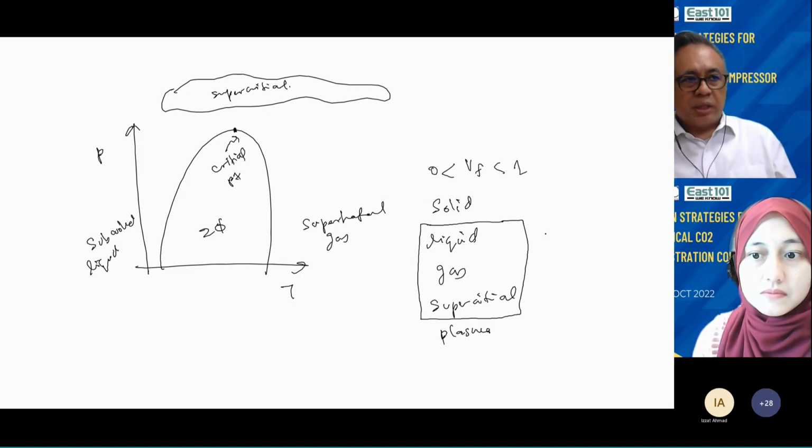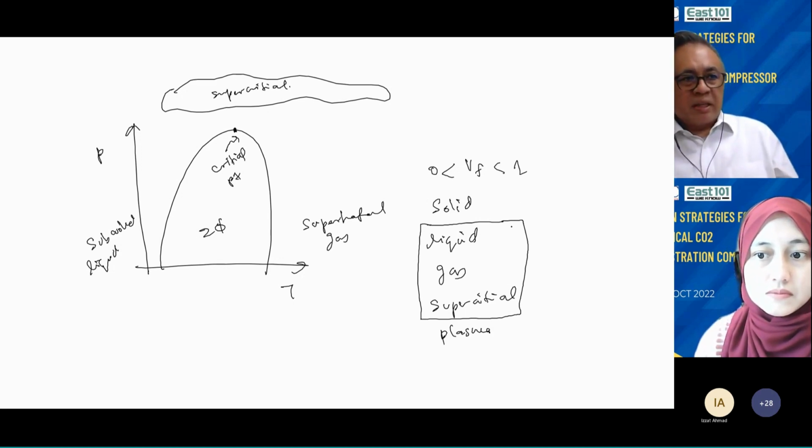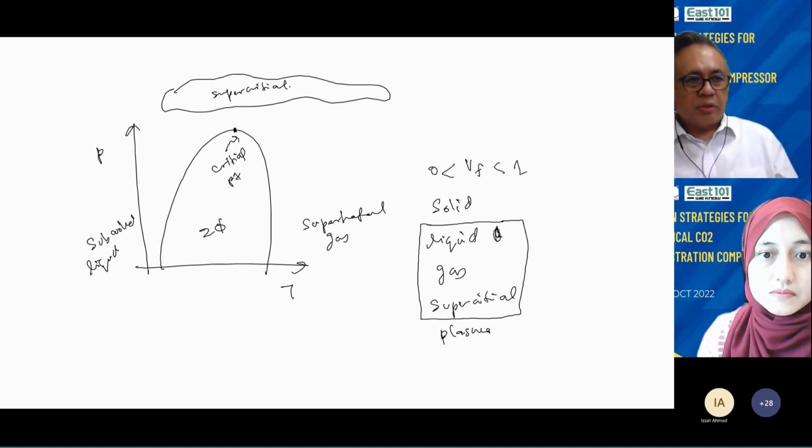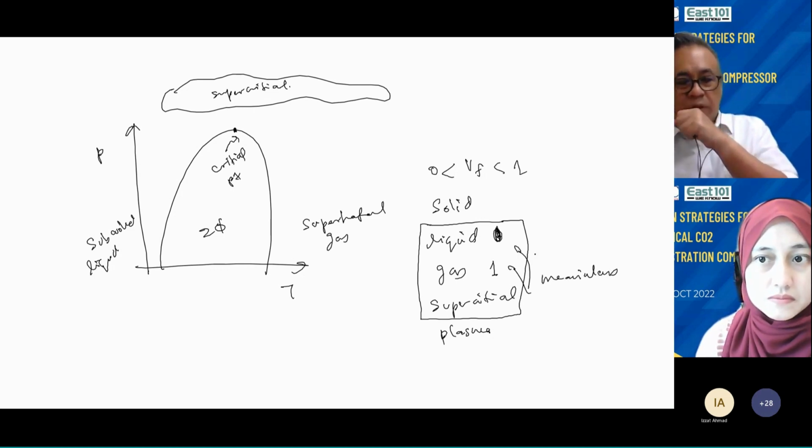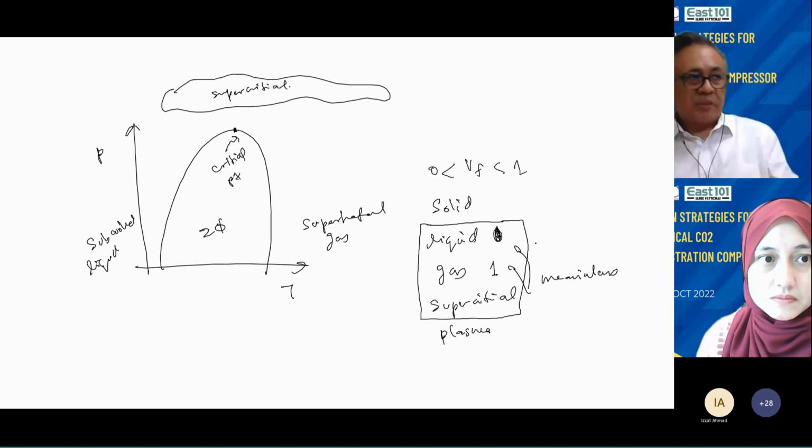So in HYSYS, we know that if something is liquid, the vapor fraction will be 0. If it's a gas, it will be 1. If it's supercritical, these numbers actually become meaningless because it's neither a gas nor a liquid. There's no separation. There's no energy pretty much in this region.